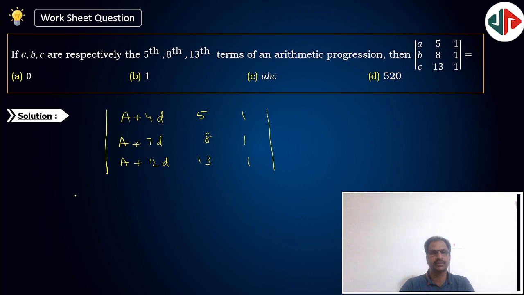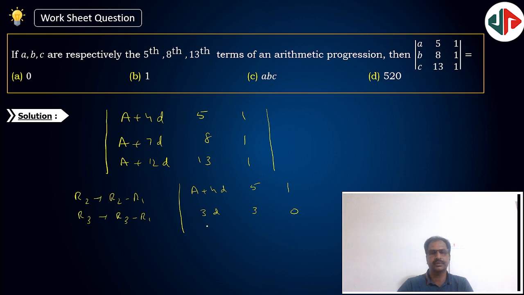Next for this, for R2, apply R2 minus R1. For R3, apply R3 minus R1. So the first row will remain as it is. R2 minus R1 gives 3d, 3, 0.